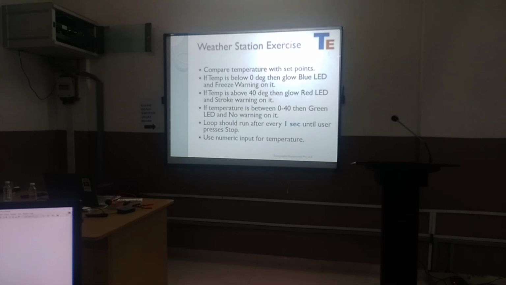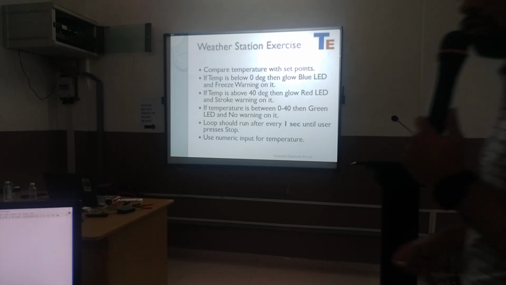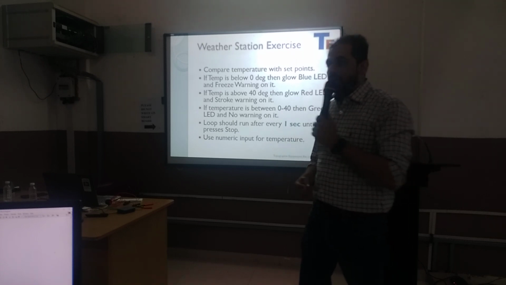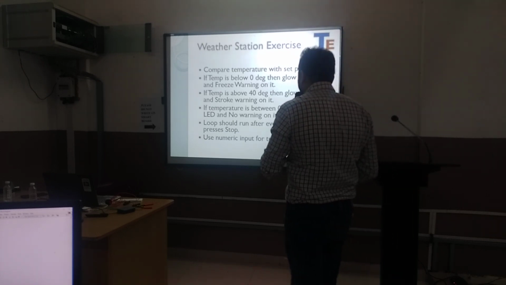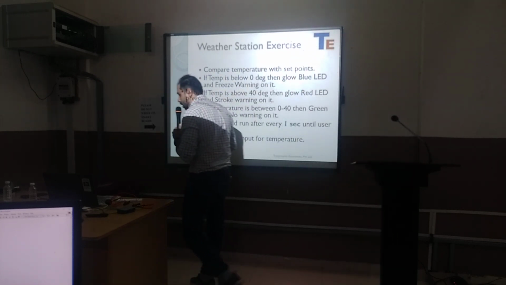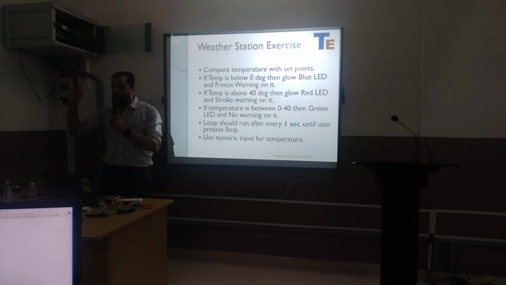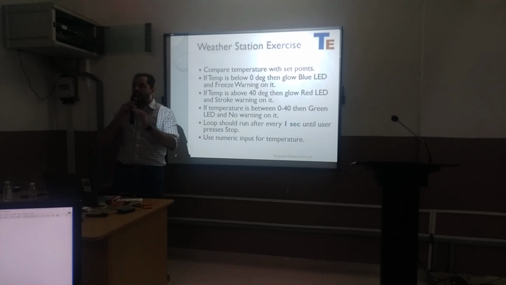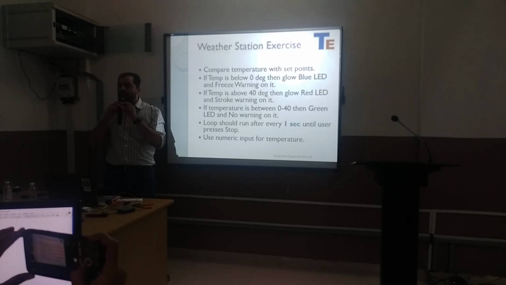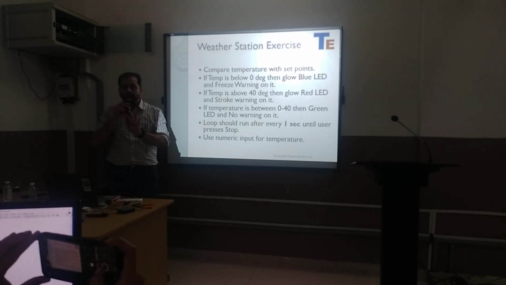So I have a problem statement for you. Now this is going to test how much you have understood over the last 2-3 days. Say for example, I have a weather station. And we do not have a physical sensor as of now, so we are just going to use a numeric control as an input to enter temperature. Based upon whatever the user enters, if the value is less than 0, it should glow a blue LED and a freeze warning should display on it.